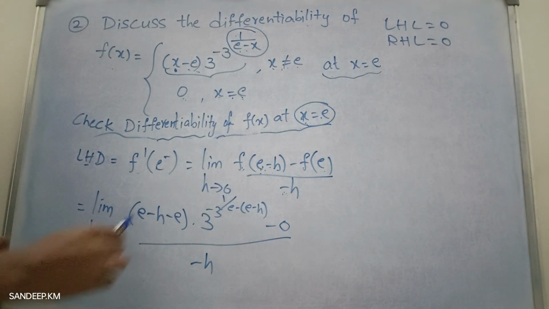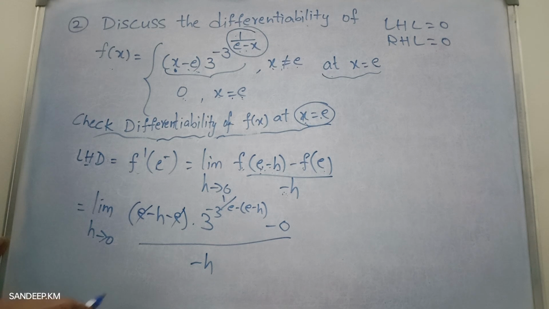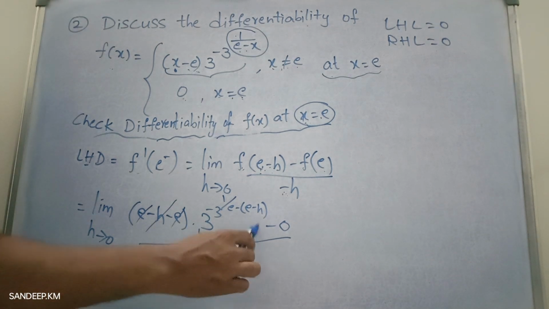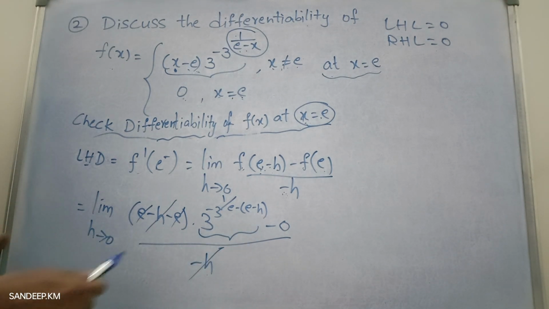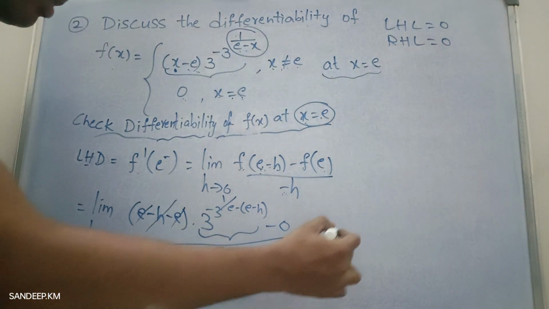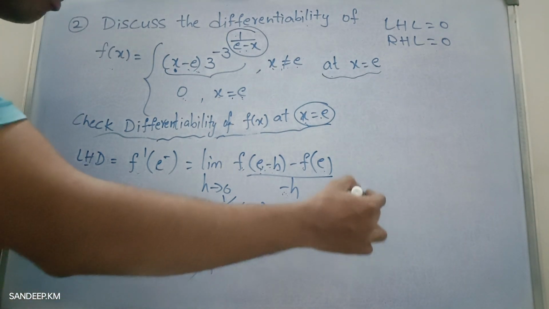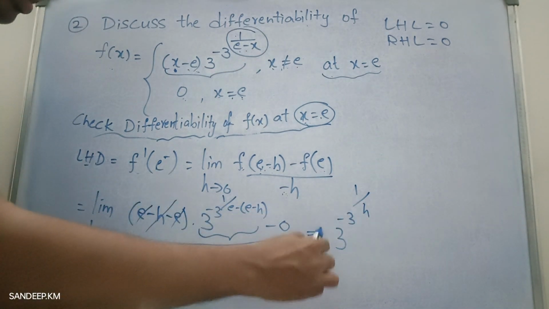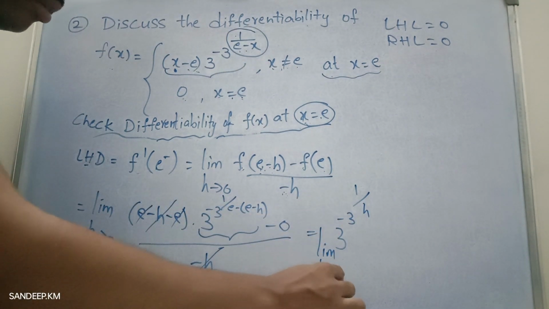Next steps are easy. Plus e and minus e get cancelled. Minus h in the numerator and minus h in the denominator also get cancelled. Just while finding the continuity, I told you what is the value of this. Can you pause the video and try to find the value of this? So obviously 3 power minus 3 power 1 divided by h, where h approaches 0.